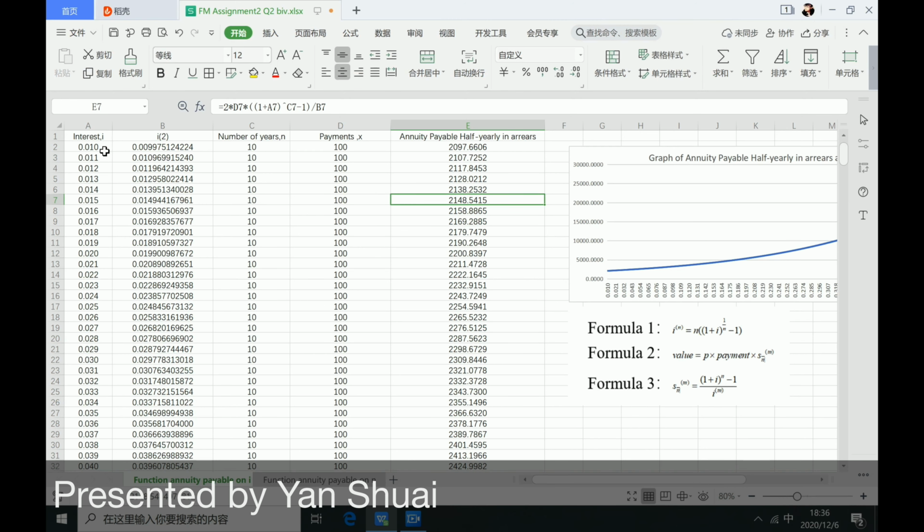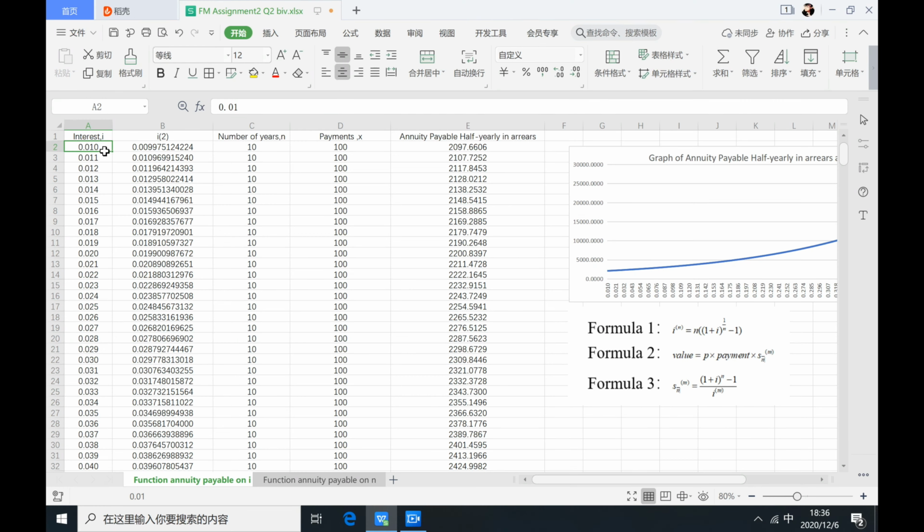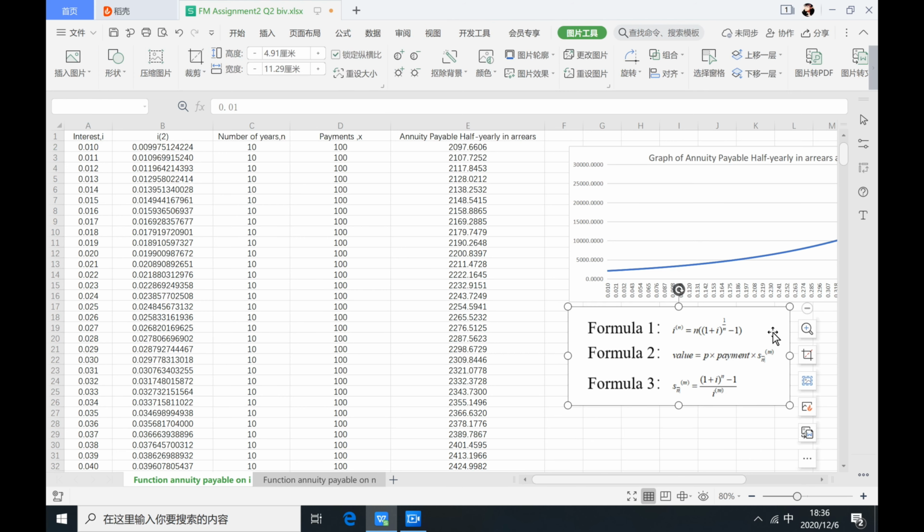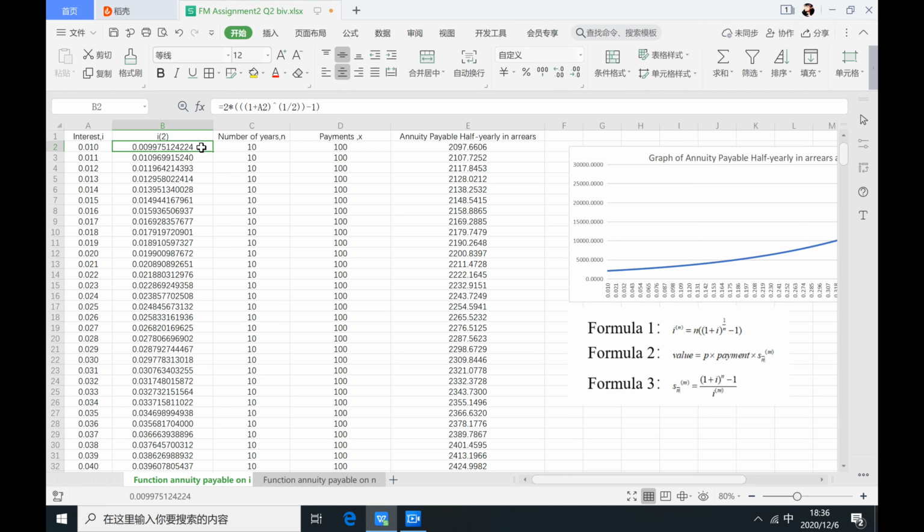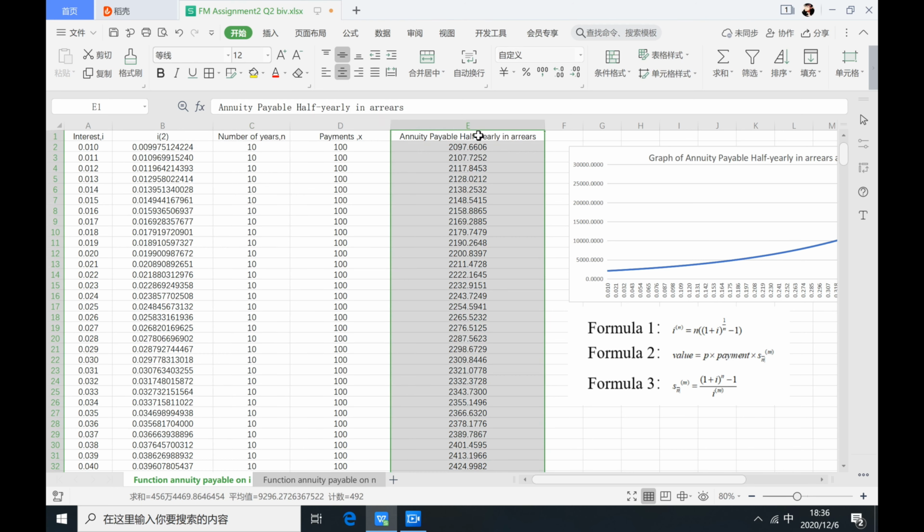First, we let the nominal interest rate equal 0.01. In this case, we can use Formula 1 to calculate the nominal interest rate per semester, which is about 0.009975. Let the period be equal to 10 years and 100 paid every 6 months.